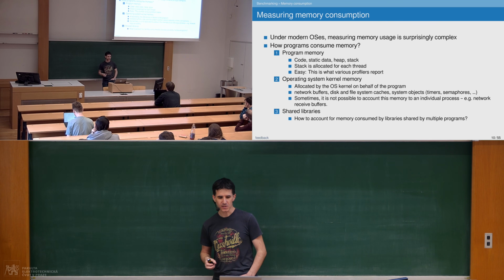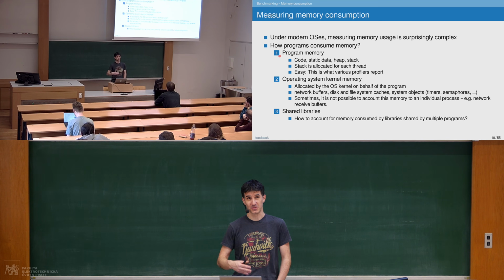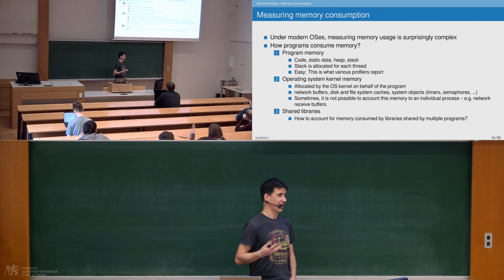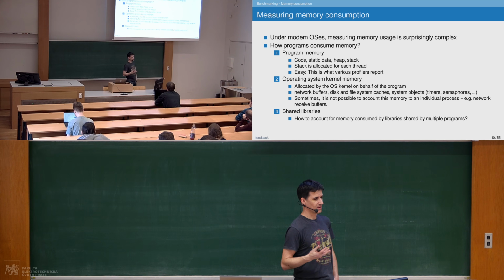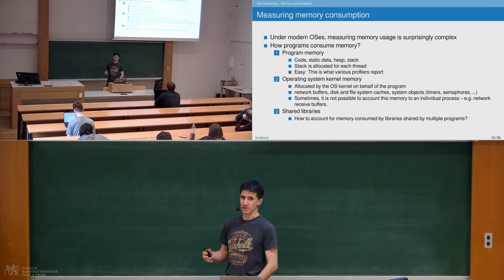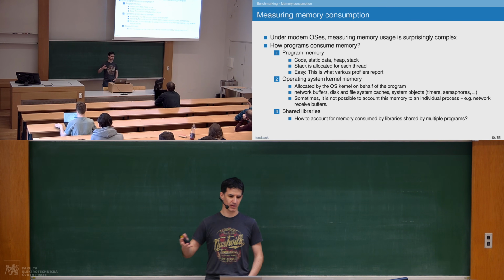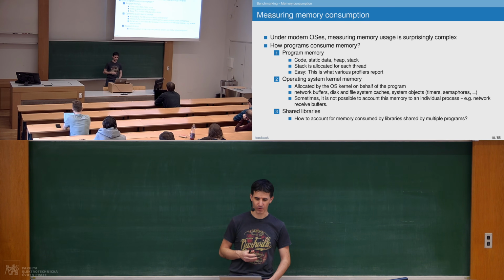The easiest way to measure memory consumption is to measure how much memory is consumed by your process in user space. This means the memory used for storing application code, application data, heap, stack memory, and so on.